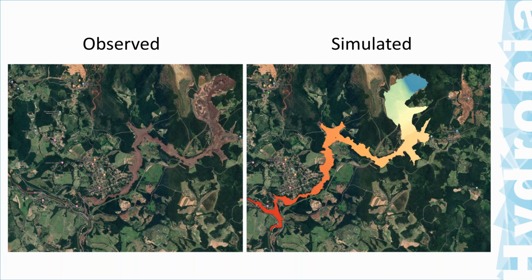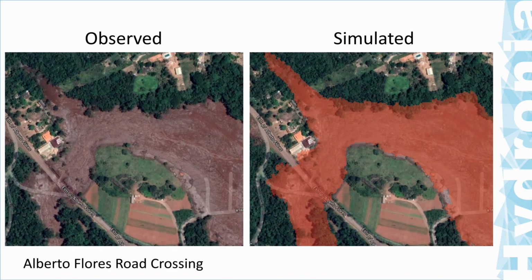You can see here on the left what is observed as the area that was affected by sediment. And here on the right, in colors, you have the water or sediment that flowed, because it was a single phase model. We did a very thorough comparison in different areas to assess how good or bad the model was at different locations.